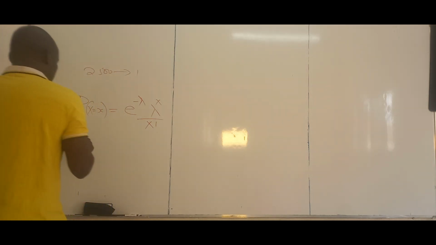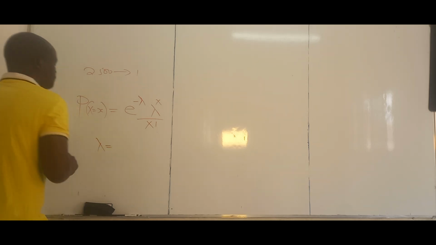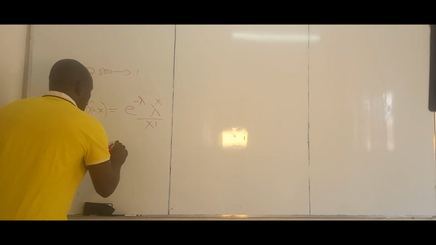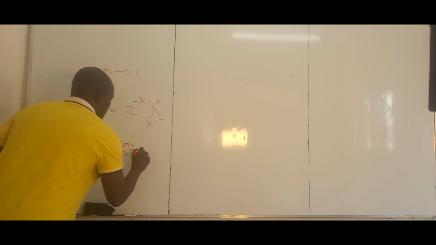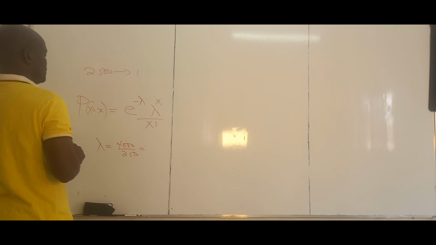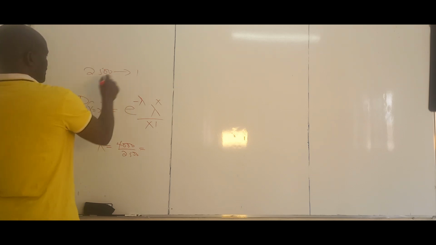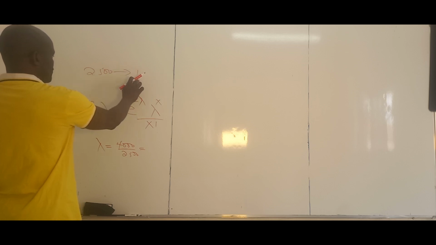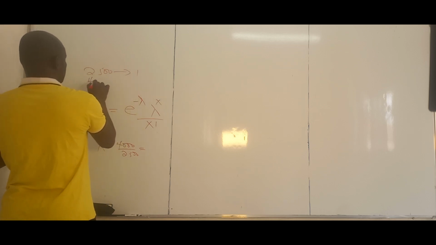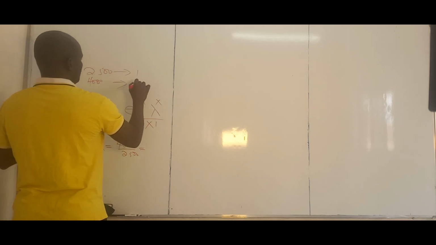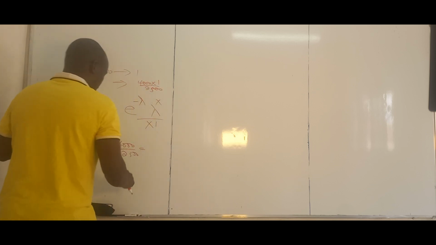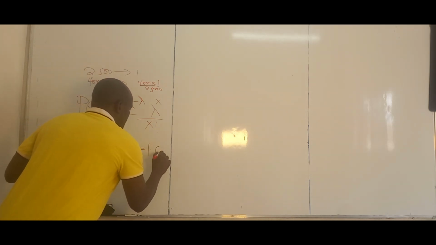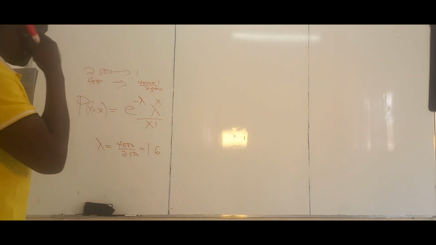Going by that information, our lambda is 4,000 divided by 2,500, because if 2,500 is 1, then 4,000 would be 4,000 times 1 divided by 2,500. That gives 1.6, and so I have a lambda of 1.6.